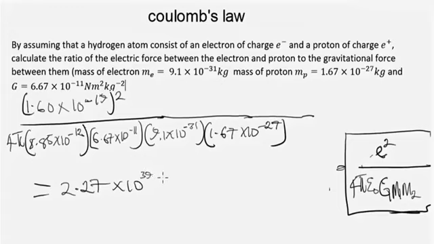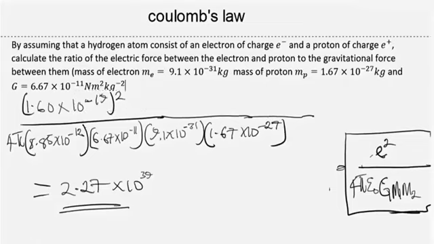So this becomes the ratio. We notice that there is more of an electric force of attraction than that of gravitational force between the proton and the electron. So we'll go ahead and try further examples on this.